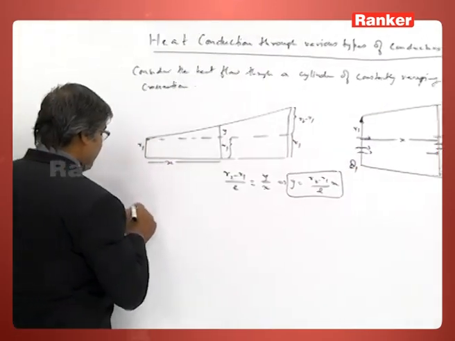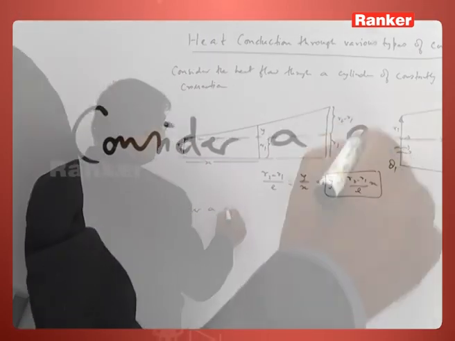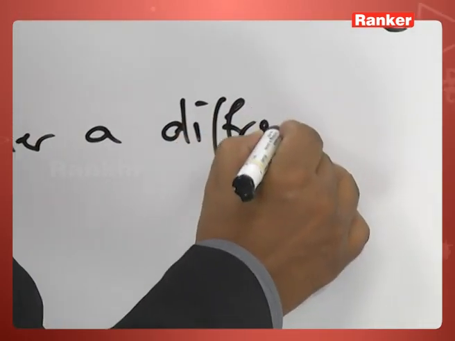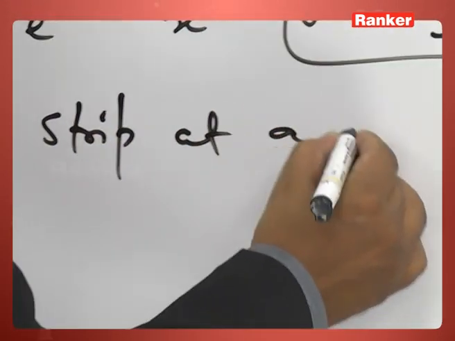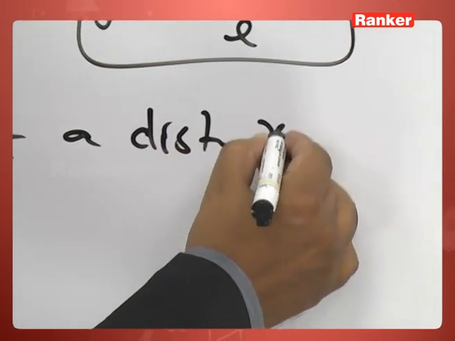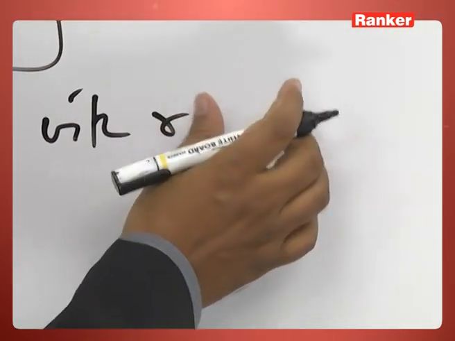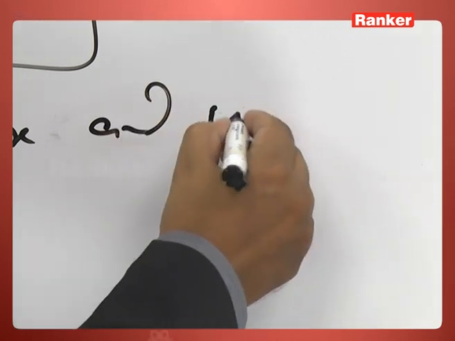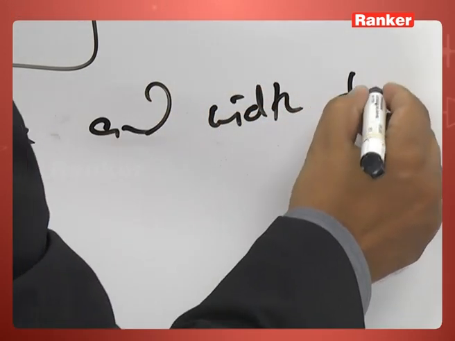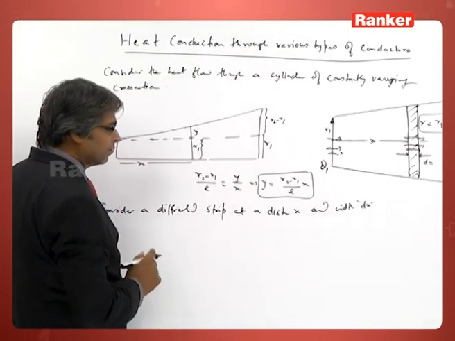Now, we have considered a differential strip at a distance x and width dx, that is thickness or width, anything we can say, dx.